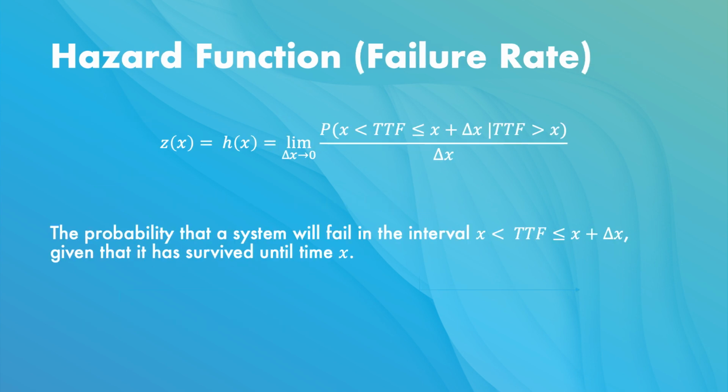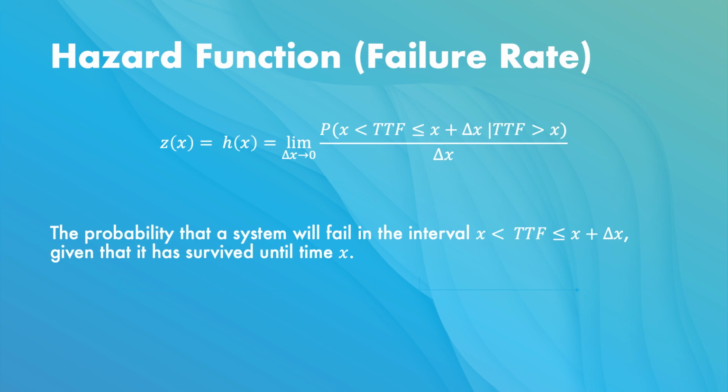So we are talking about conditional probabilities here. The function that answers this question is the failure rate, or the hazard function, and it is basically defined as a conditional probability and the limit of that conditional probability. So I'm considering a very small time interval, and I'm asking, is it going to fail immediately, in this very tiny interval, given that it has survived, given that the TTF, the time to failure, is bigger than x, so it has survived until now.